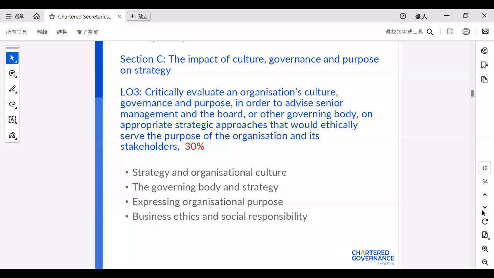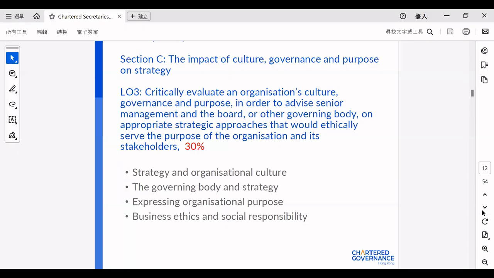very carefully, because this is one of the heaviest topics. More percentage has been allocated to this topic. You can see that there are four different big topics in here: strategy and organization culture.